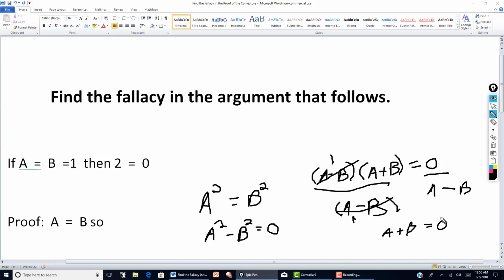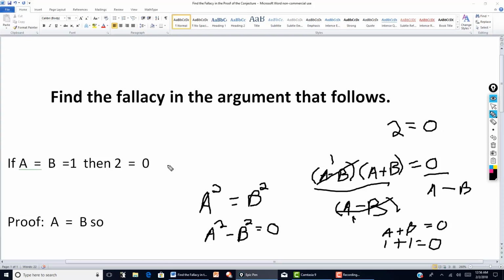But I was given that A and B were the same number. They're both equal to 1, so that means that 1 plus 1 has to equal 0. And 1 and 1 is 2, so the conclusion is that 2 is equal to 0. Those are the steps that I used to show that 2 is equal to 0.